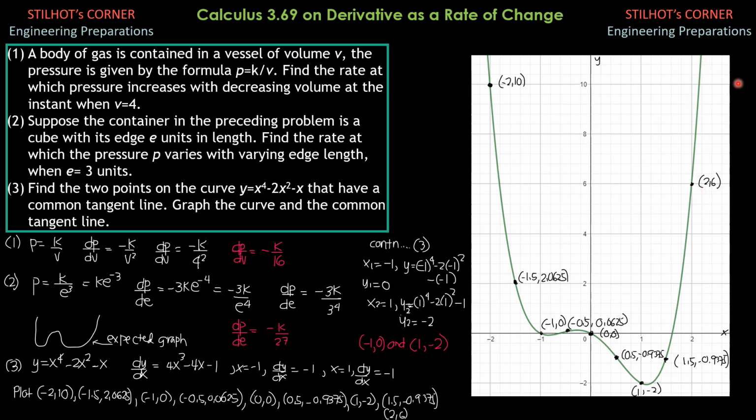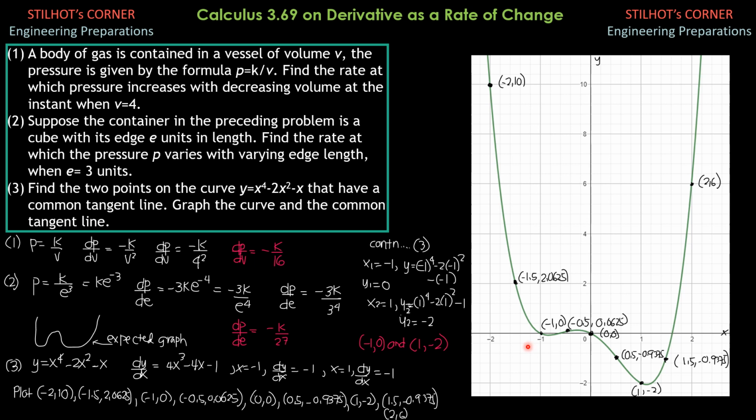When x approaches positive infinity, y is positive infinity. When x approaches negative infinity, y approaches positive infinity. So that's why this is the expected graph, and it appears to be a W shape.